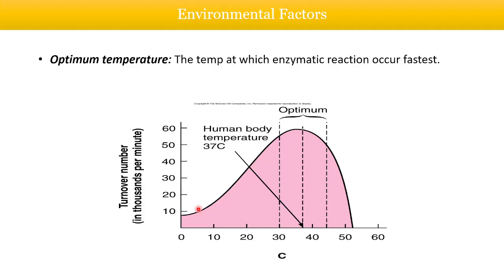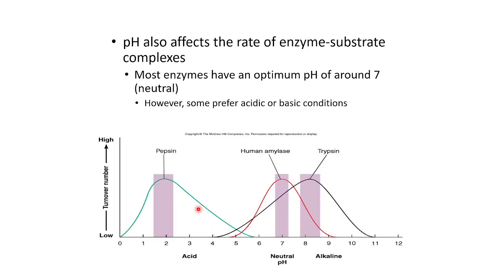There are certain enzymes that work at body temperature; you will find these enzymes working in our body. Also the pH effects, because there are certain enzymes like pepsin which works at a lower pH. Then you have trypsin that mostly functions in an alkaline range, and then you have the human amylase enzyme that functions at a neutral pH or body pH.